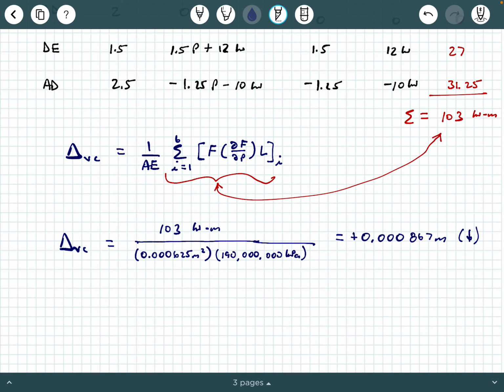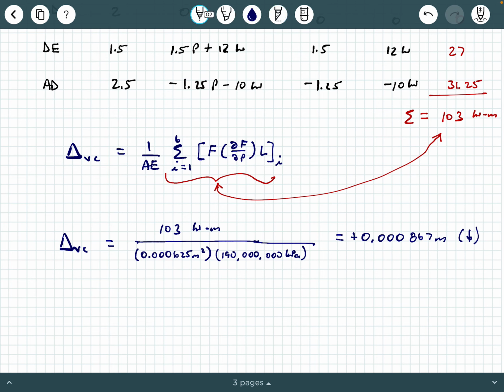It means that your displacement is in the direction that you pointed the virtual force P. If this popped out negative in a different problem, that would mean that joint is displacing in the opposite direction that you pointed P. So the fact that this was positive, and this 103 was positive as well, means that our displacement was in the direction that we placed P, which was up in our original figure.